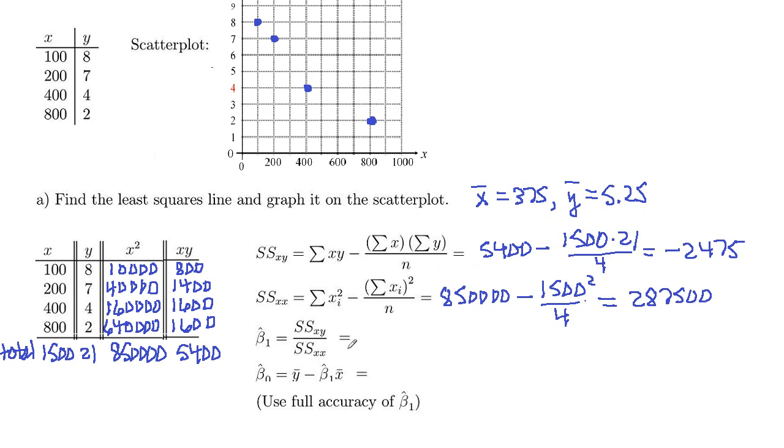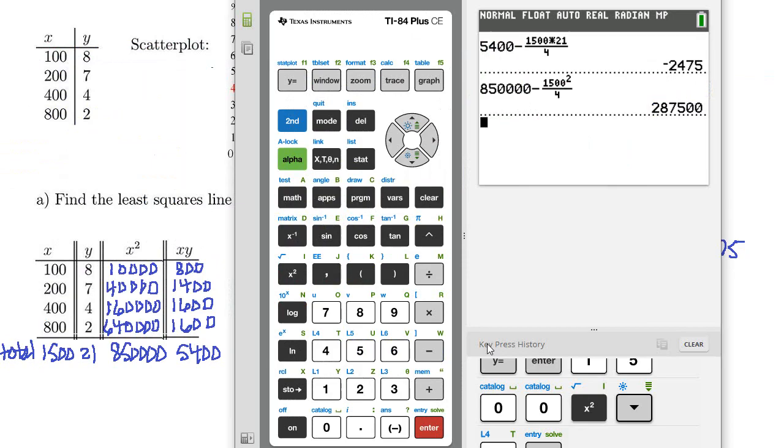And then we're going to divide the first by the second. So negative 2475 divided by the 287,500. That'll give our slope. So let's do that. Negative 2475 divided by 287,500.